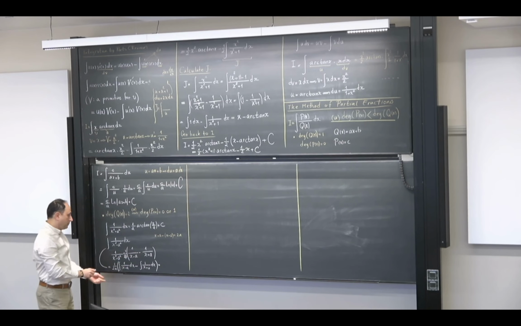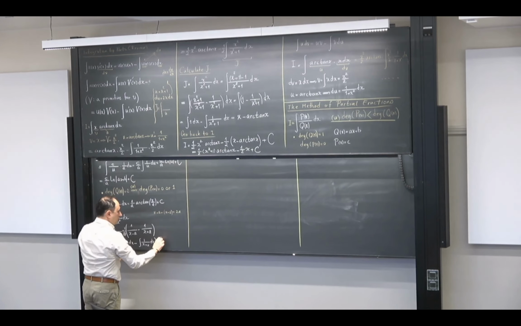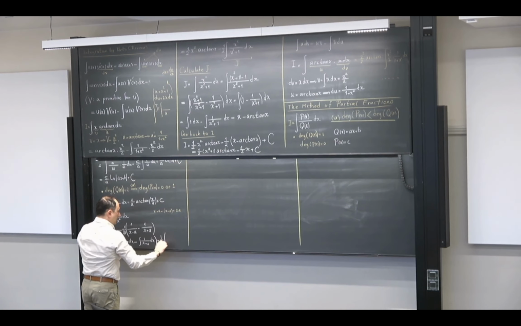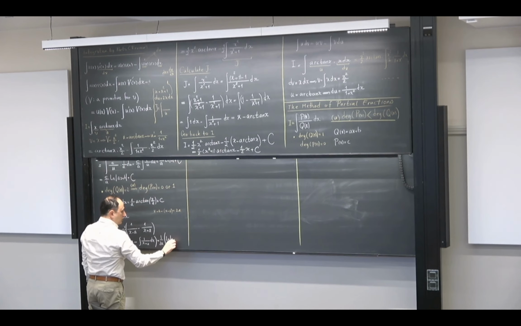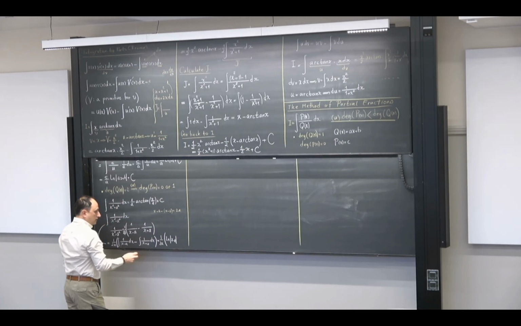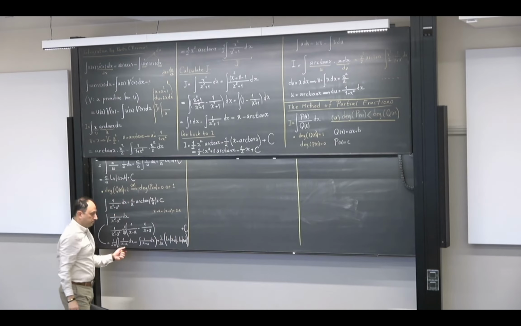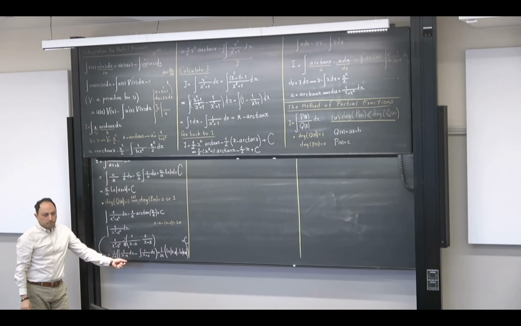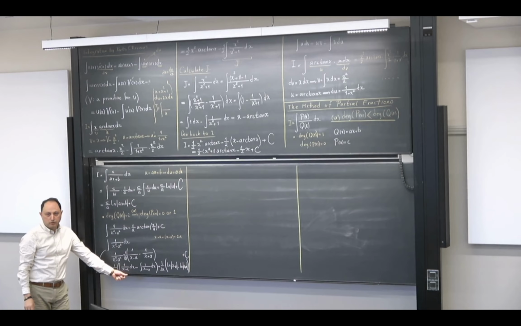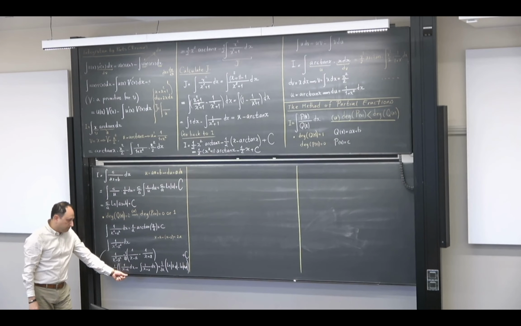So what happens? This becomes 1 over 2a, and then ln of the absolute value of x minus a, minus ln of, I'm using that formula, x plus a. And then at the end, I have a constant c. Are you following or not? Yes?